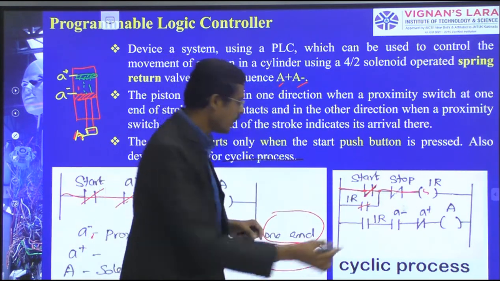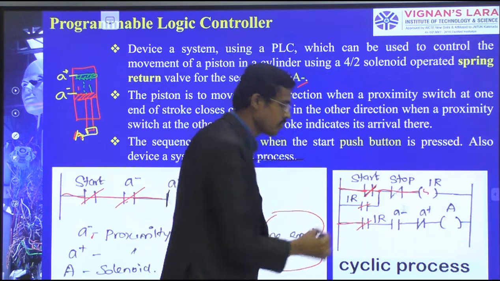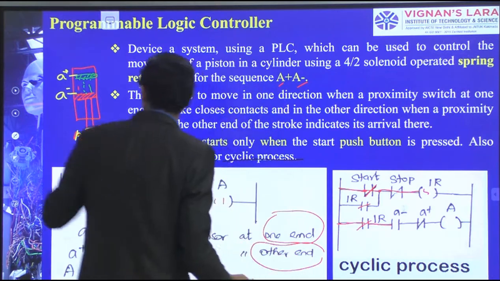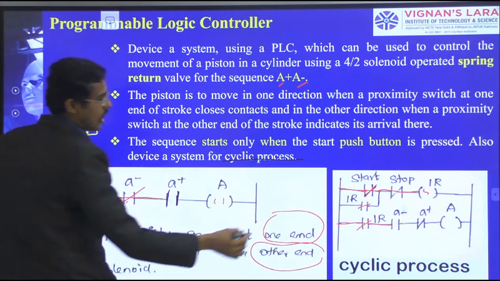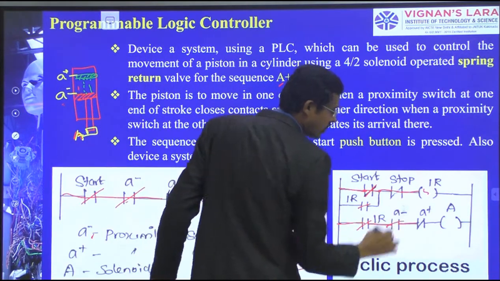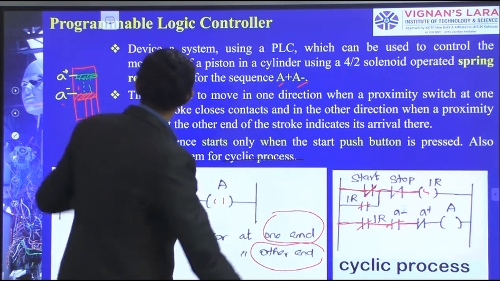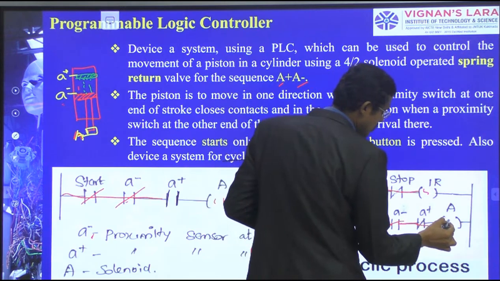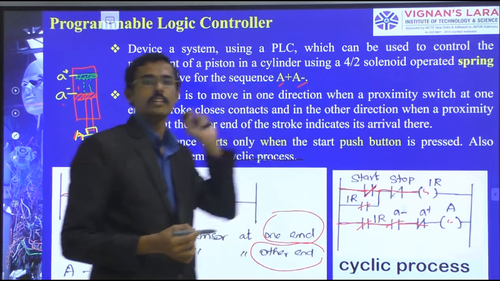That's it. Now what happens? This internal relay coil is ready. Then at the zeroth position, A minus, at the bottom, it is started to activate and keeps on going. Then when it comes to the top one, A plus, it is detected and it goes there.